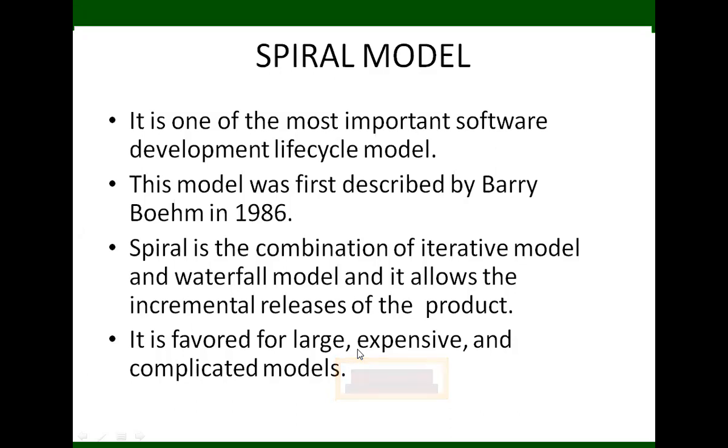Every time we have to increment or update the software before releasing the product. That is one of the advantages of the spiral model. First we release one software, then we update and release another. This is the incremental release of the product.